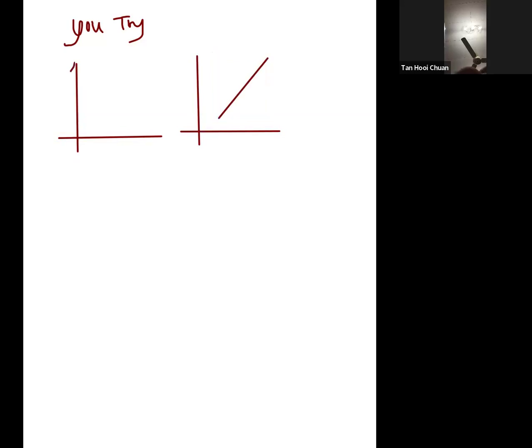Okay, original graph, here's Y, here's X, here's the origin, curved like this. Here the point is (1, 1). Here the point should be (9, 81). Here's Q10. Here is 1T.